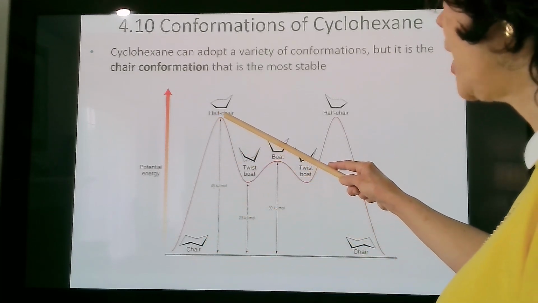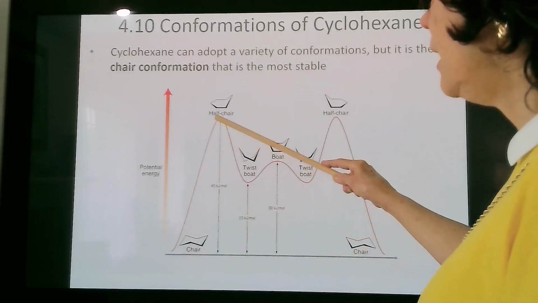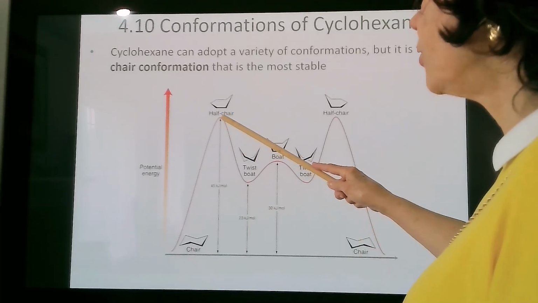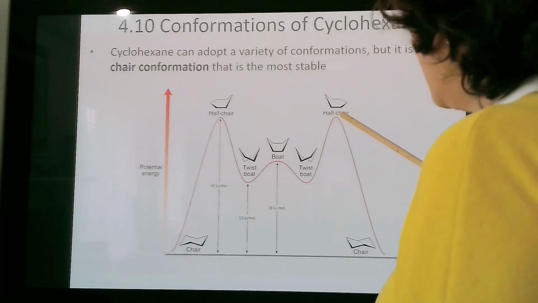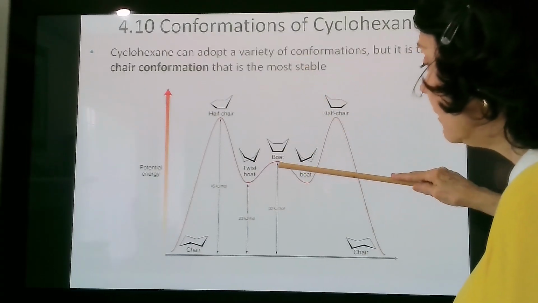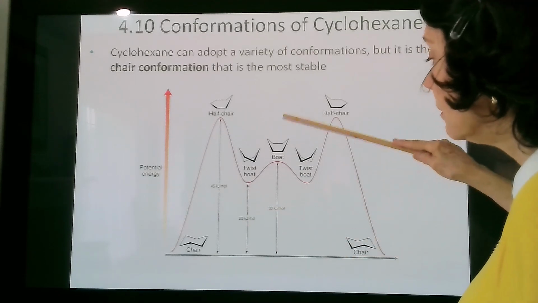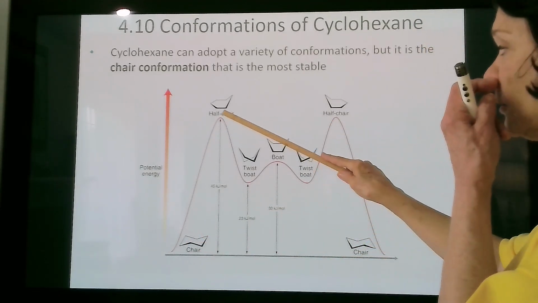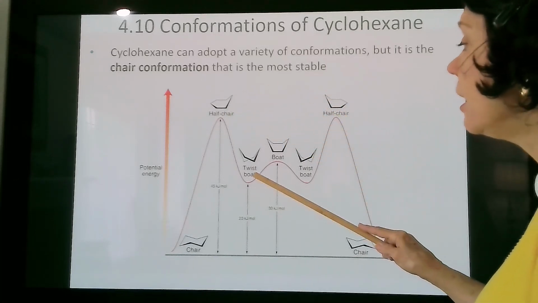Then there's the half chair, which is the highest energy of the conformers. And notice here you have symmetry. So the chair and chair, these are the same energy. This half chair is the same energy as that half chair.